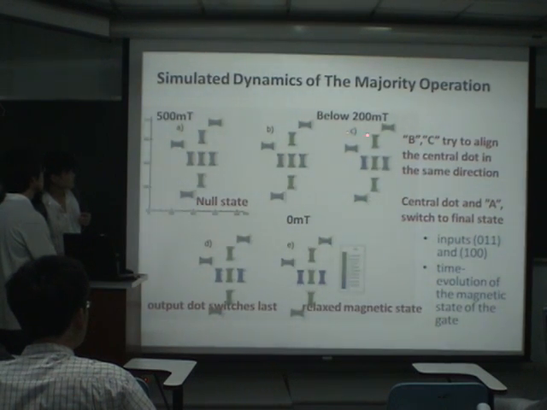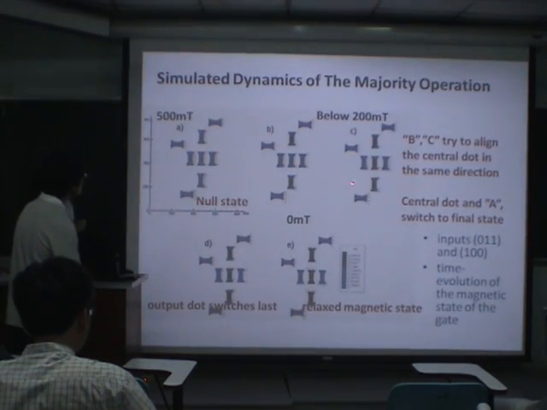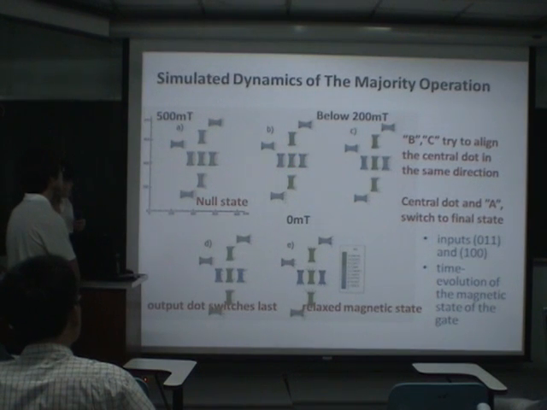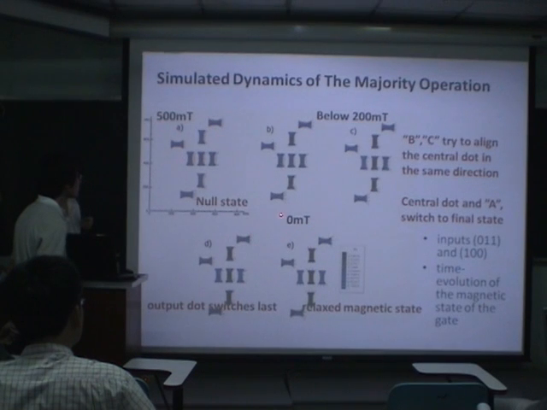And below 200 millitesla, you can see B and C try to align with the central dot in the same direction, and the central dot and dot A switch to their final state. And in picture D, you can see the output dot switches next. And when the field reaches 0 millitesla, you can see they relax into their magnetic state.